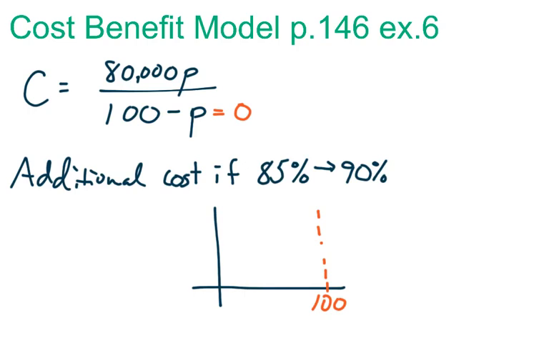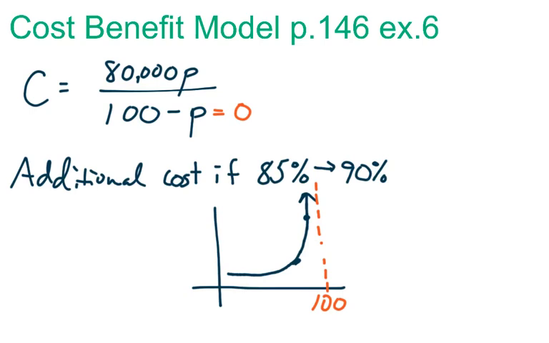And if we think about the behavior of the graph, we already have a couple points. We have 85% that goes with 453, and then we have 90% that goes with 720, and we know that we have a rational graph that's going to pass through these points and, of course, approach the asymptote.